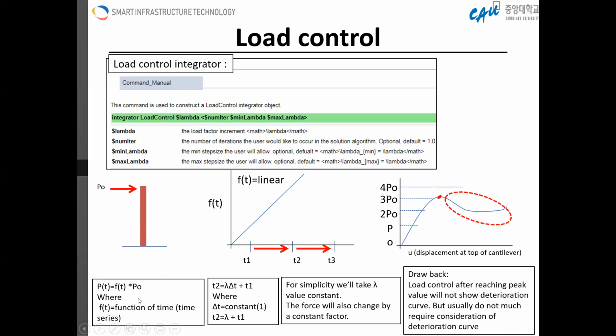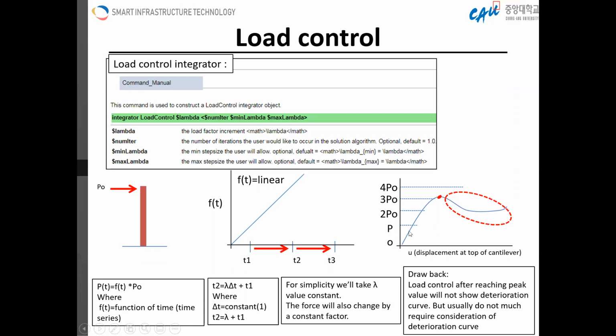For that, we need to know the time T2, and T2 equals lambda delta T plus T1. If we consider delta T as constant, then T2 depends on lambda and T1, and this load controller finds the lambda value, which we keep constant. Then we have a linearly increasing time series, which affects the force applied, because the force will also change by a constant factor.